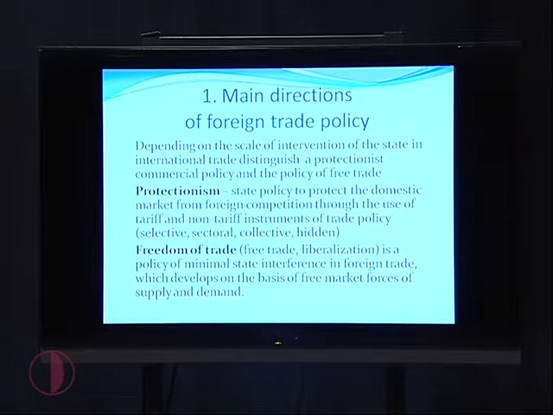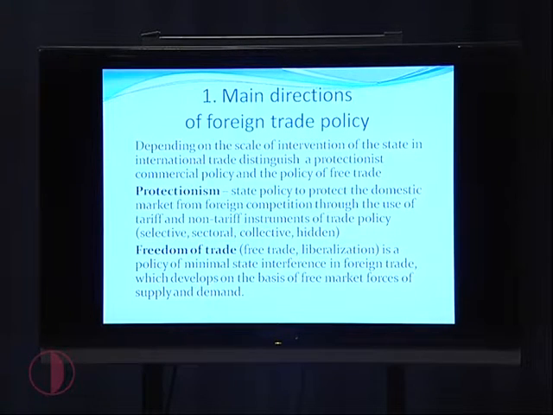Depending on the scale of intervention of the state in international trade, we distinguish a protectionist commercial policy and the policy of free trade. Protectionism is state policy to protect the domestic market from foreign competition through the use of tariff and non-tariff instruments of trade policy, like selective, sectoral, collective, and sometimes hidden.